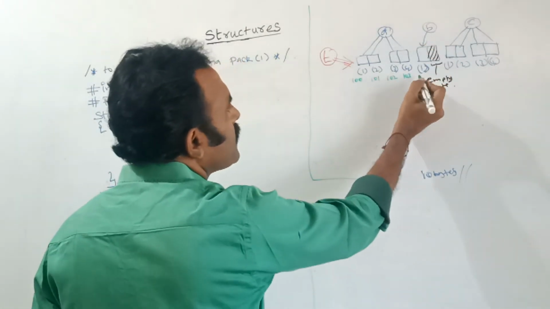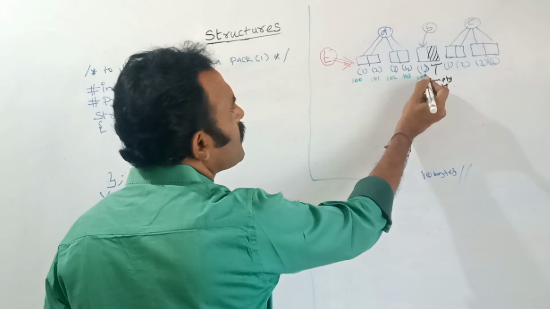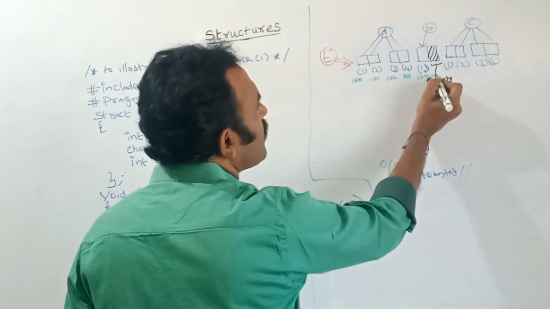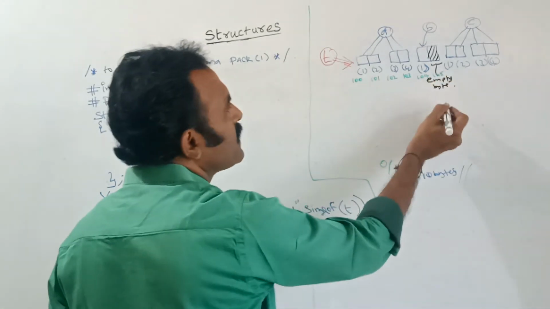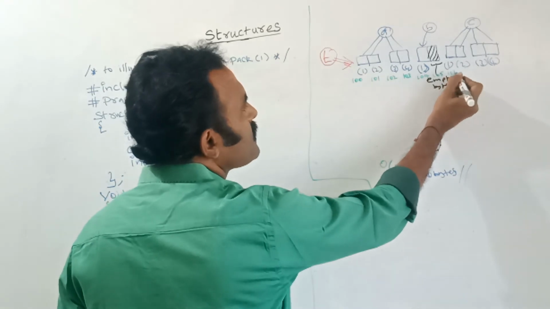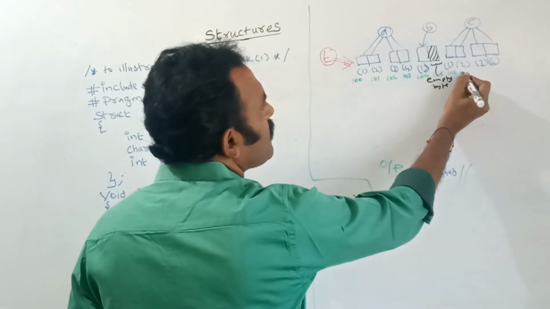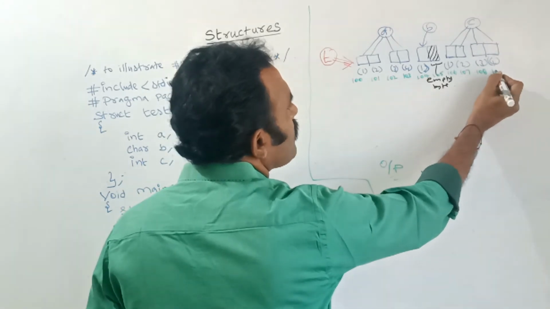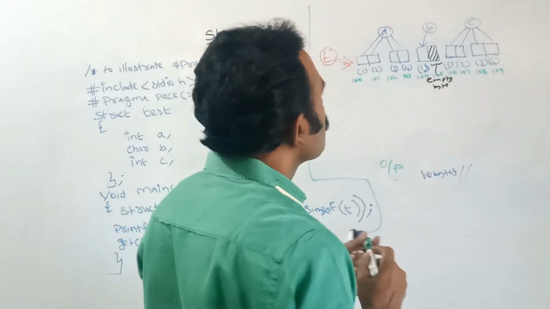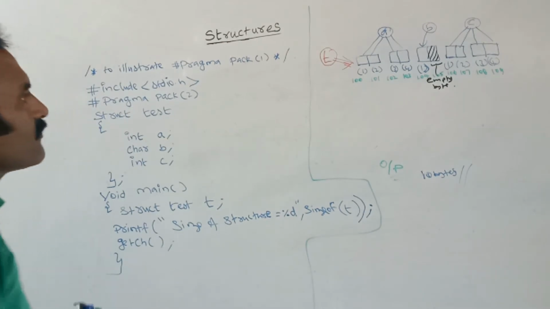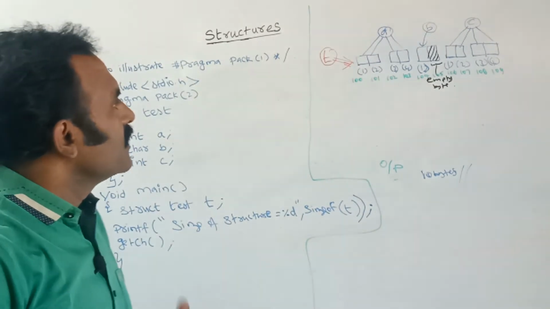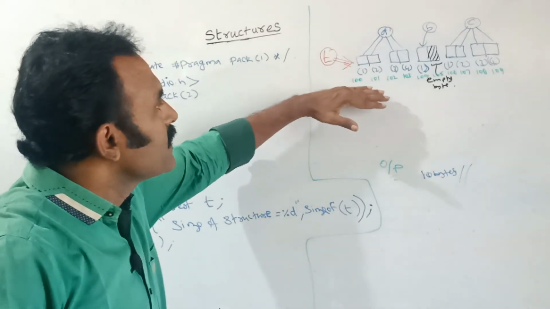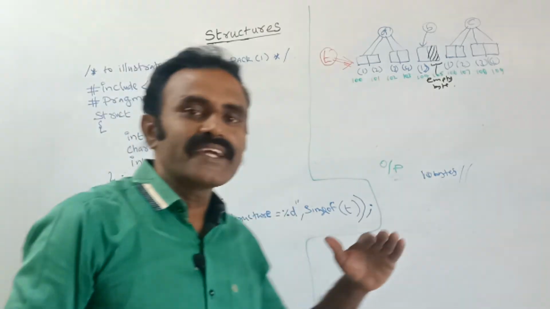Next this B is located at 104. Here this 105 is free, empty space. Next 106, 107, 108, 109.